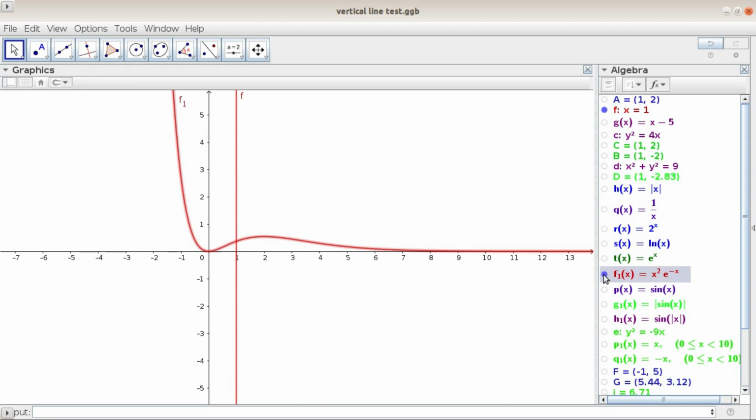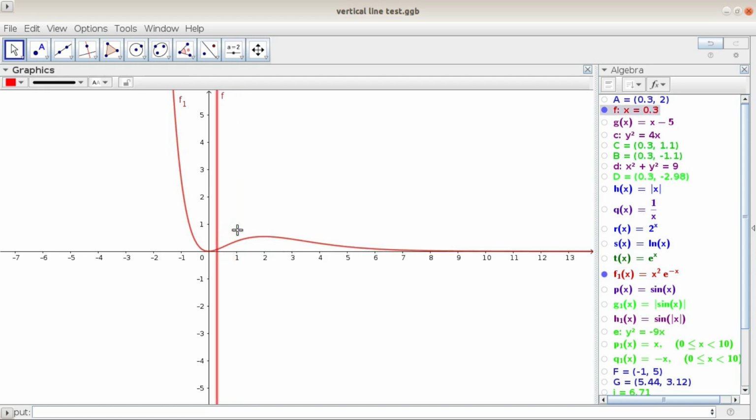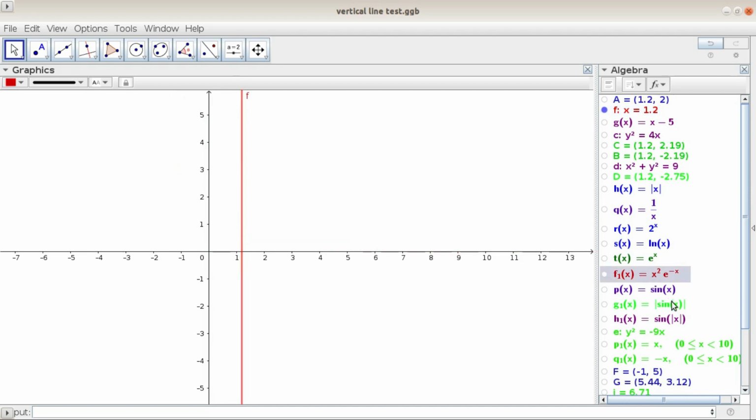Now consider the graph of x square into e raised to minus x. When we move this vertical line, it intersects at a single point. So x square e raised to minus x is also a function. Now we have three functions: sin x, modulus of sin x, and sin modulus x.